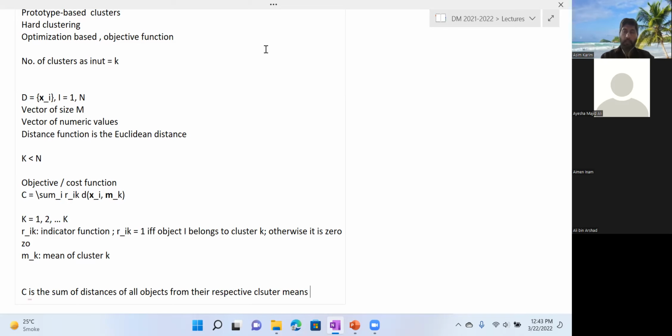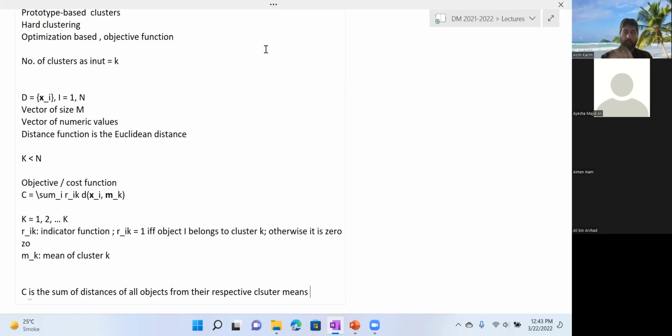And why is this relevant or appropriate for clustering? Because we would like clusters whose cost is small, meaning that objects lie close to their means, and the means, of course, are the representative of each cluster, the prototype for each cluster.